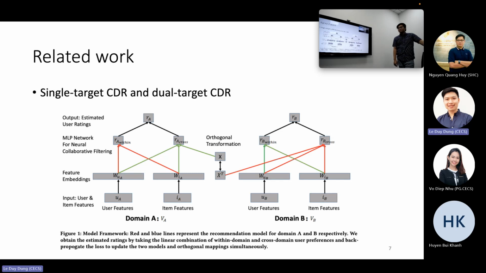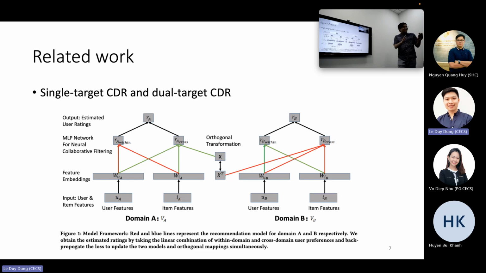Okay, so X is going to be a bridge between the two domains. So the question now is how exactly the knowledge from domain A can be transferred to domain B and vice versa through the use of X.